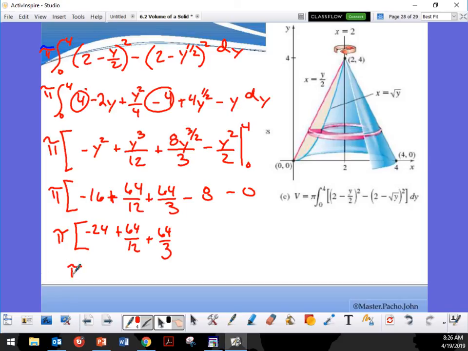So pi, 16 over 3 plus 64 over 3 minus 72 over 3, which is going to give me 80 minus 72, which is 8. So 8 pi over 3.